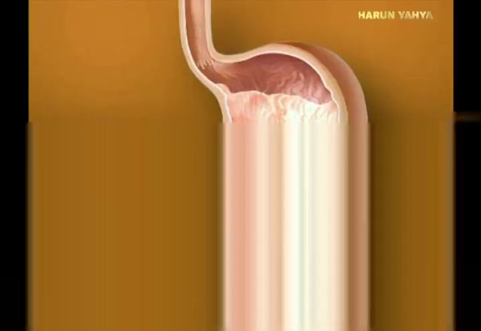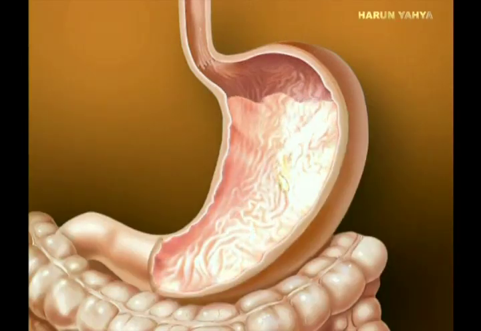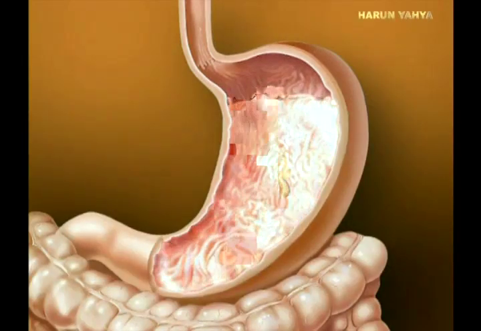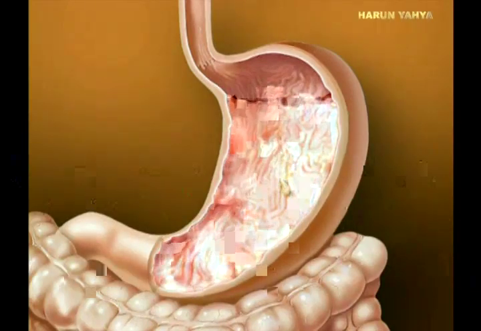The digestive process of the stomach is different. Acid in the stomach. As soon as the food descends to the stomach from the esophagus, cells in the stomach begin secreting a fluid known as gastric acid.